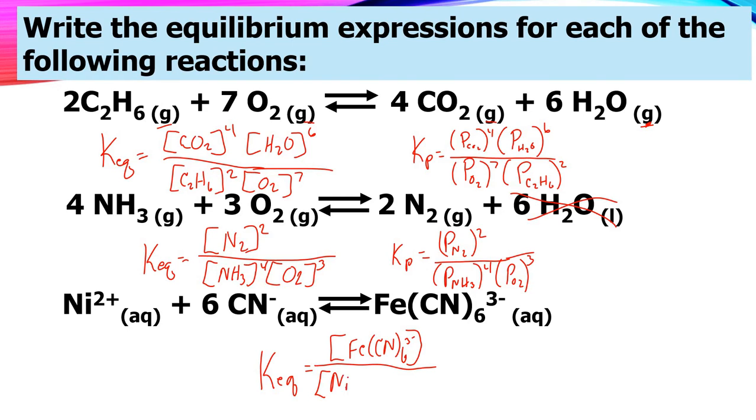Concentration of nickel plus 2 ions, to the 1 power, and then concentration of CN minus to the 6 power. So we don't have to balance these ones? As long as they're already balanced, you're good. These already have numbers in here that tell me they're balanced. But double arrow would technically mean they're balanced, right? No. That just means that both reactions go both ways.